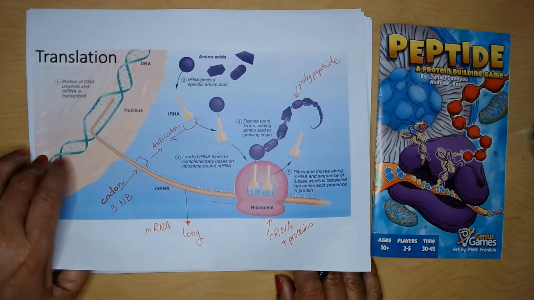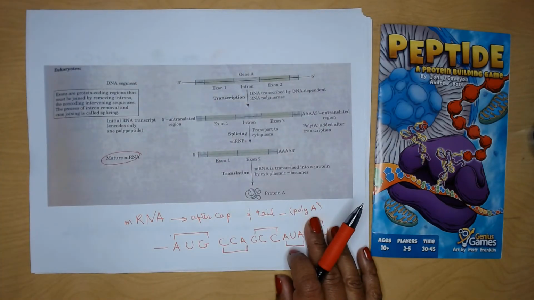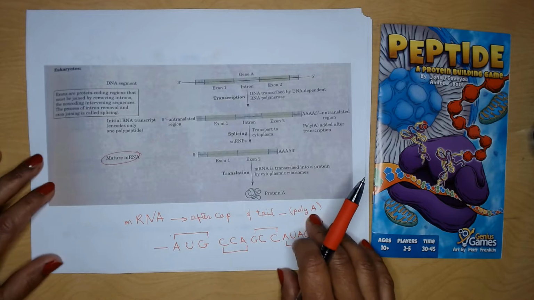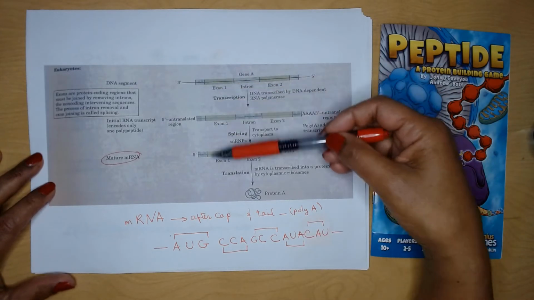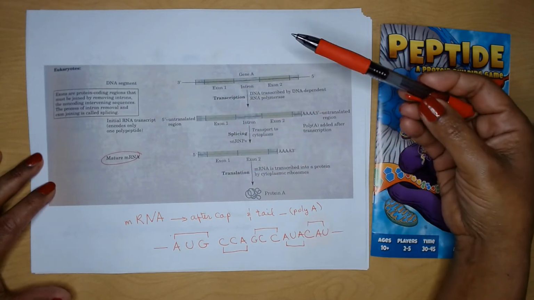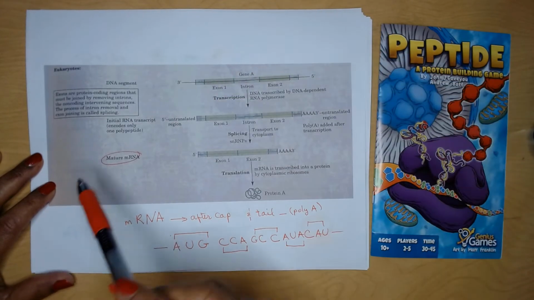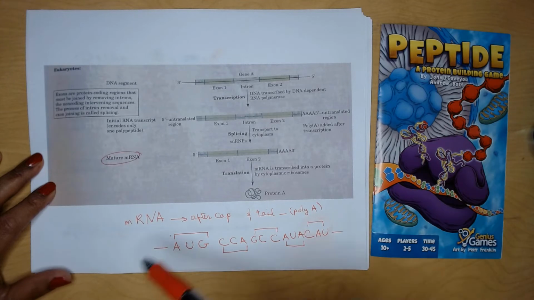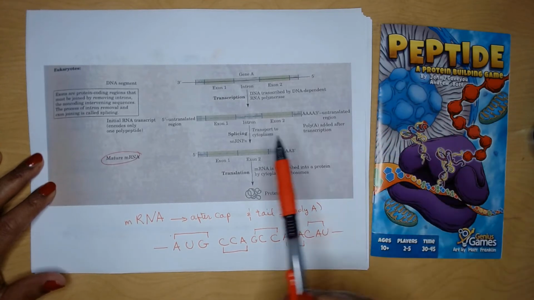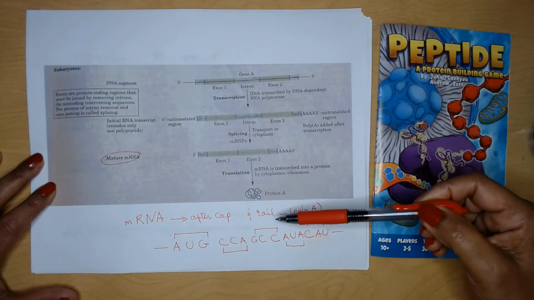So going back to just review what we have learned during transcription, we remember that we have two different kinds of genes. If it is for a prokaryote, it was continuous and we will have no necessity of splicing.